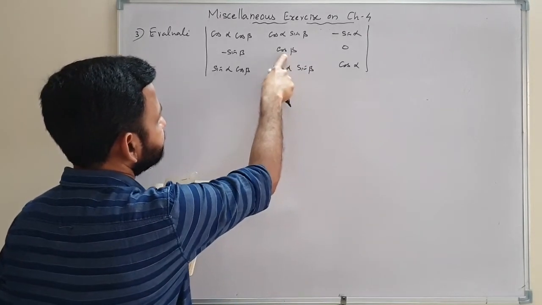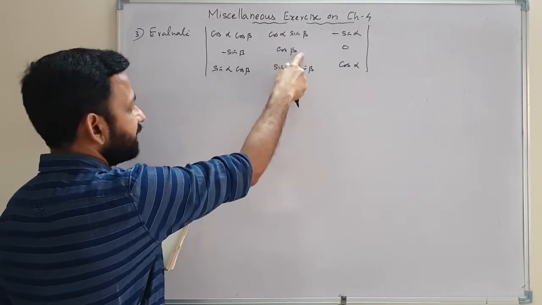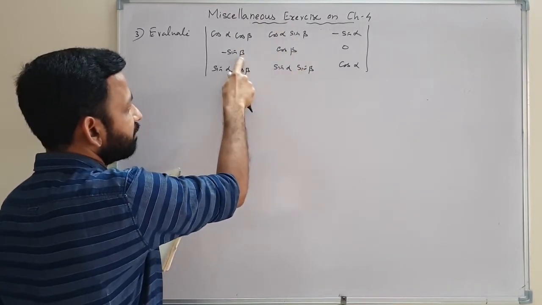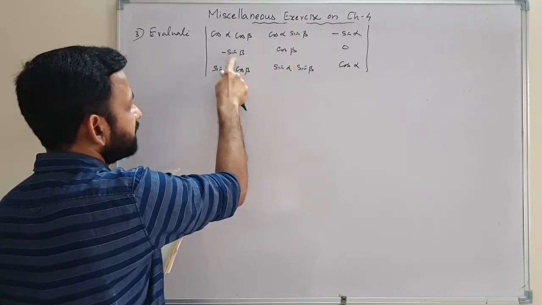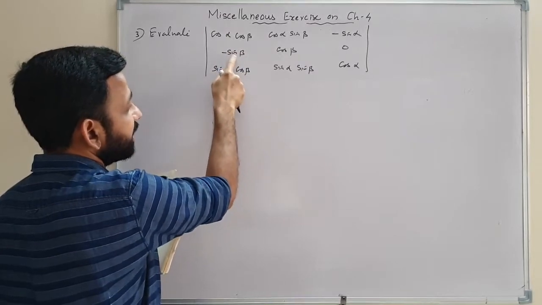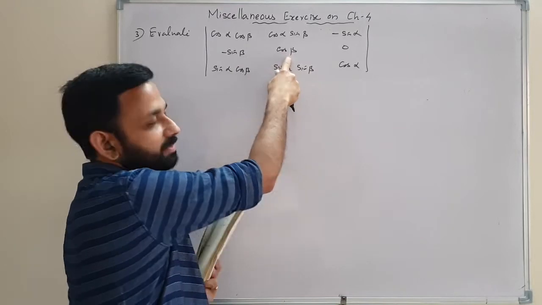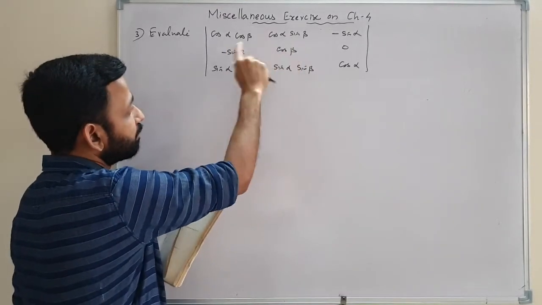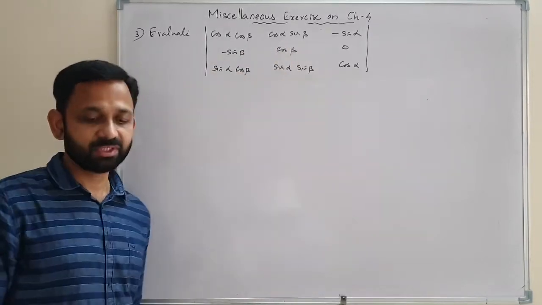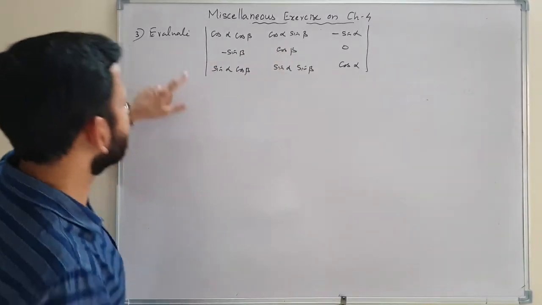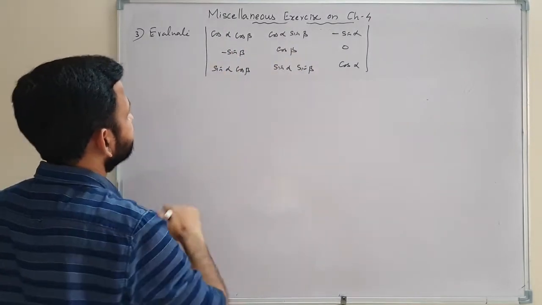To get a 0 here, we multiply this column by sin beta and this one by cos beta. So here we will get minus sin beta cos beta and here plus sin beta cos beta, and when we add those two columns we will get a 0 there. So we multiply the first column by cos beta and the second column by sin beta.